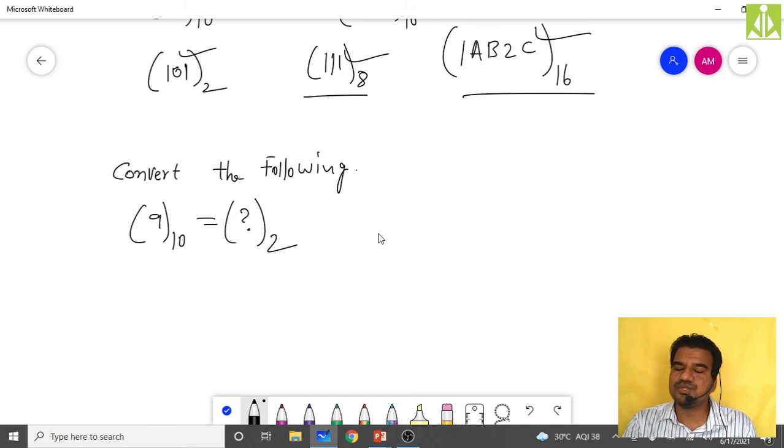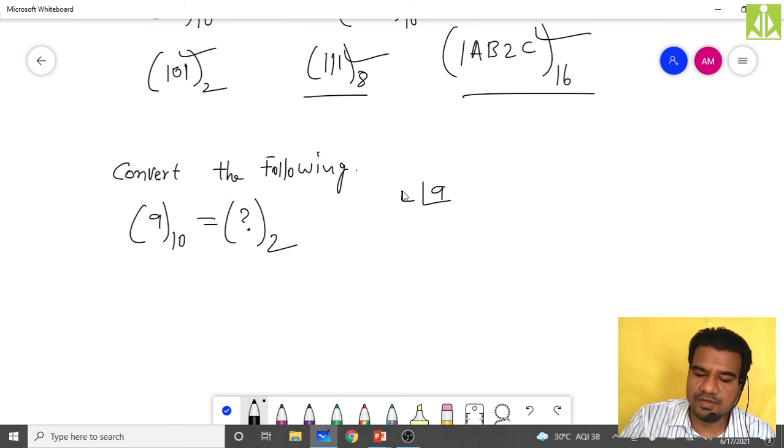Don't try to divide the number with a different number so that you get a remainder of 0. Always divide by 2, and write down the remainder separately. So 9 with 2 only we have to divide.